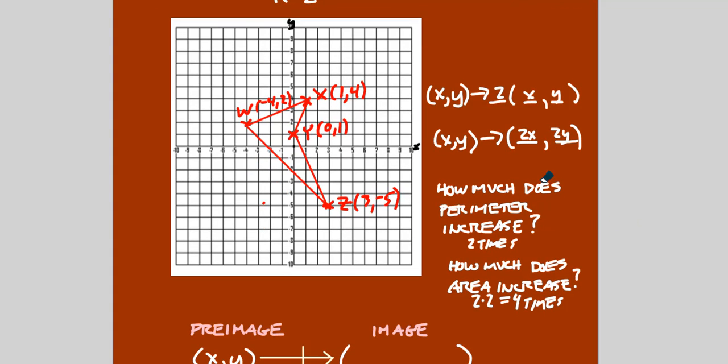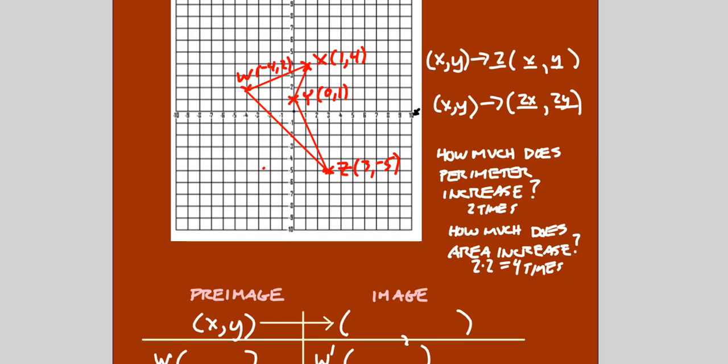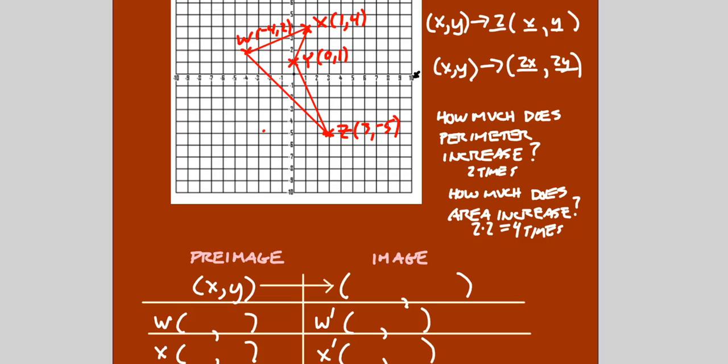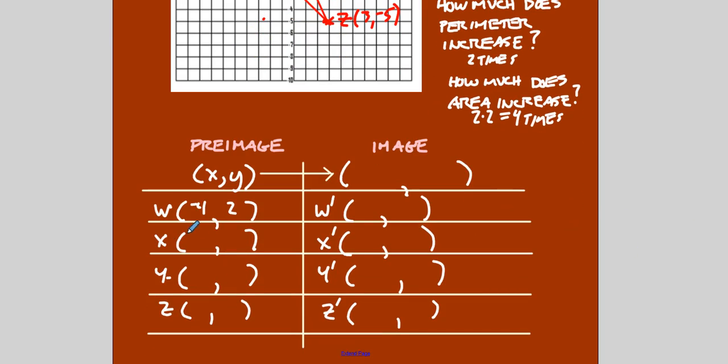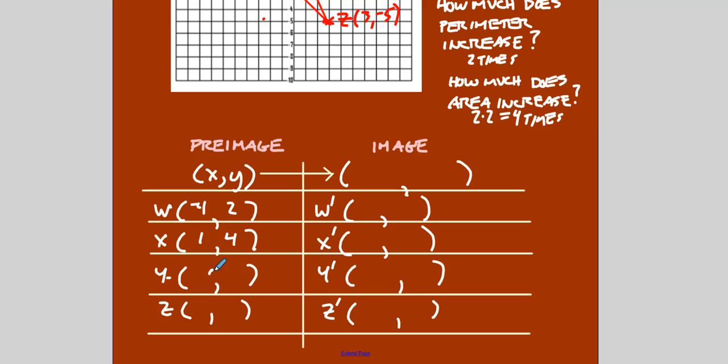Alright, before I have you get started on the next part, let's copy these points down. W is negative 4, 2. X is 1, 4. Y is 0, 1.